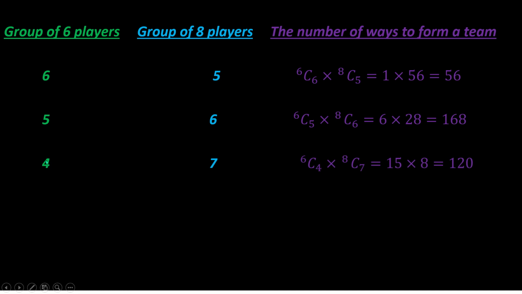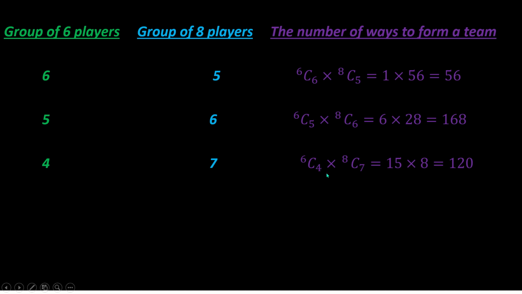Here 4. Here will be 7 because 4 plus 7 is equal to 11. And the way for selection of 4 from 6 players equals 6C4, and 7 players from 8 players will be 8C7.